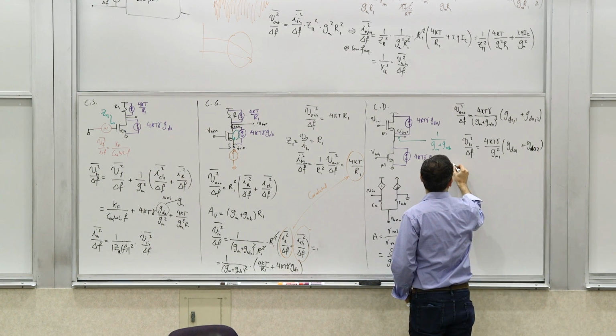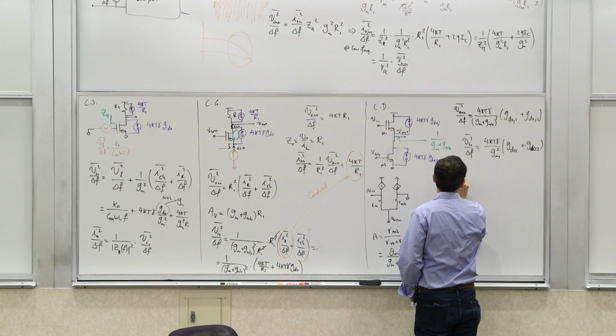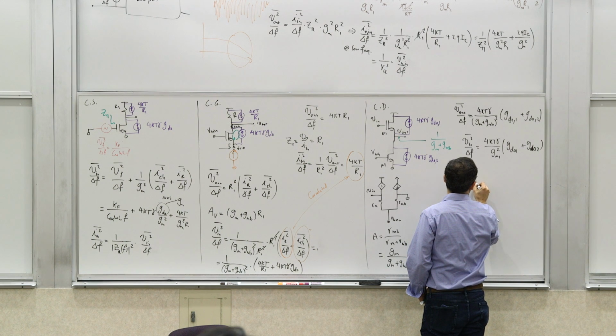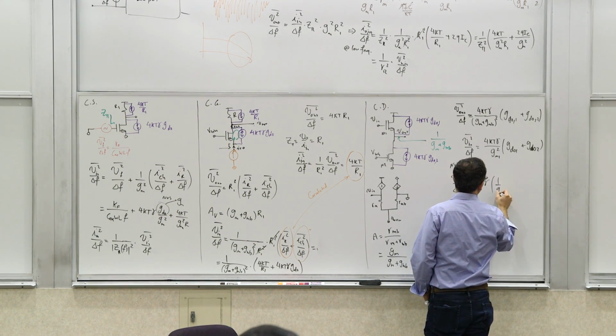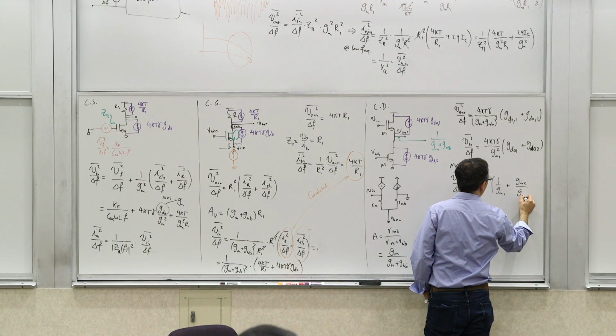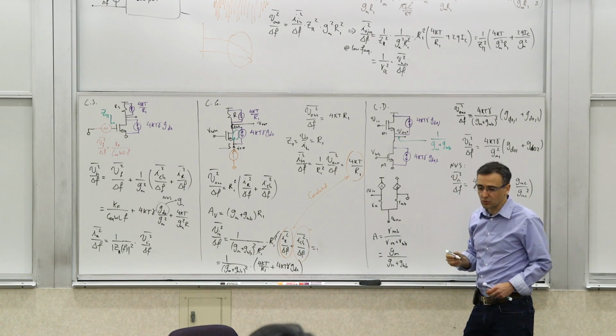And if they were non-velocity saturated, then this becomes gm. So the input referred voltage source becomes 4kTγ times 1 over gm1 times (1 plus gm2 over gm1), where gm1 is squared.